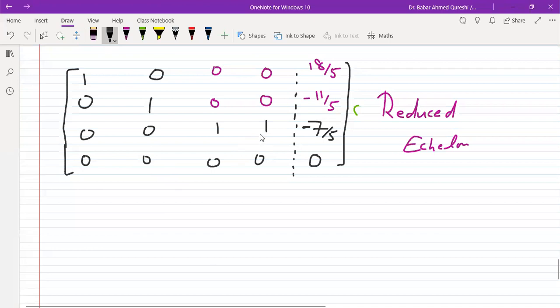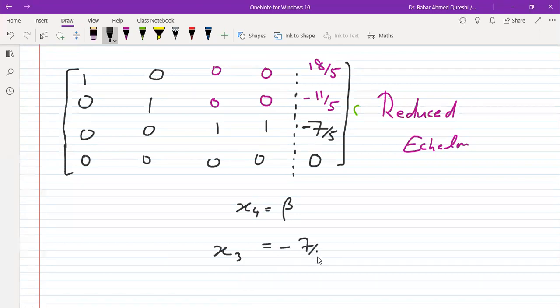But since you have to have one free, this is a free variable because it's not the lead. It's not the one which shows up after a bunch of zeros. So you call it some free variable, X4 is equal to beta. And since it's reduced, you can directly read off the rest. Minus 7 over 5 minus beta by taking this to the other side.